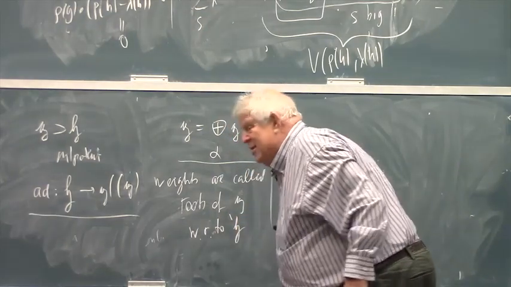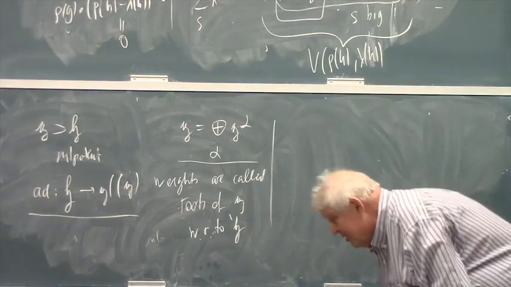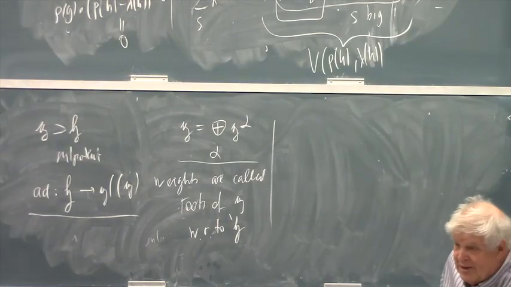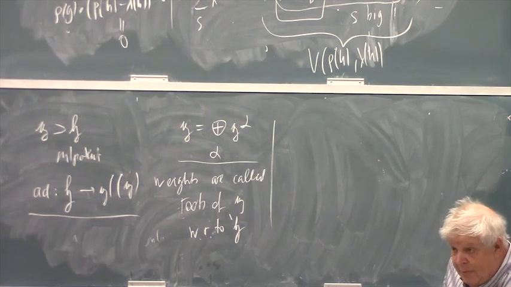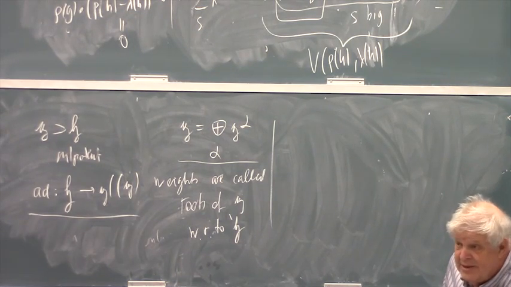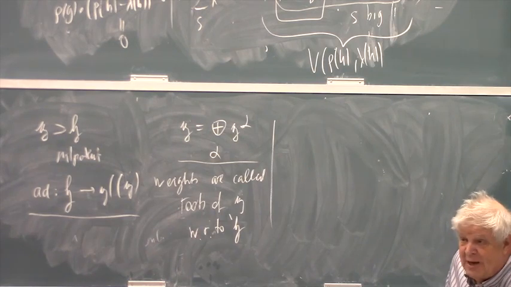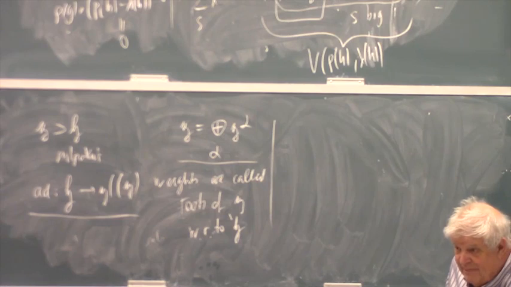So at this moment, such a strange thing, we need to fix two Lie algebras: G, which is I don't know what, and H, which is nilpotent. And then G becomes a direct sum of spaces G alpha.